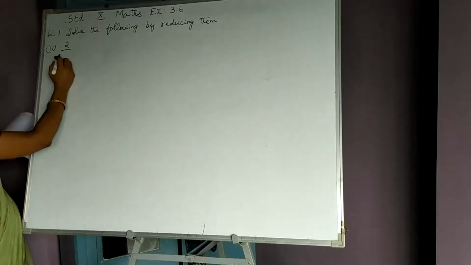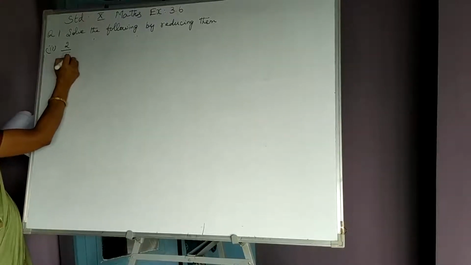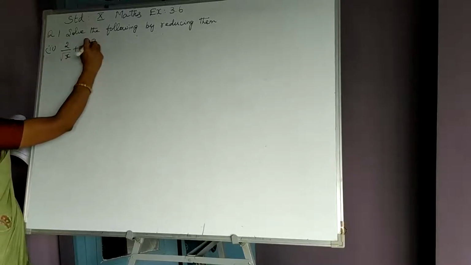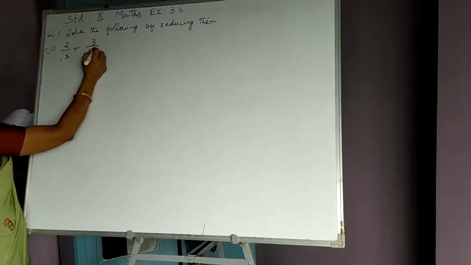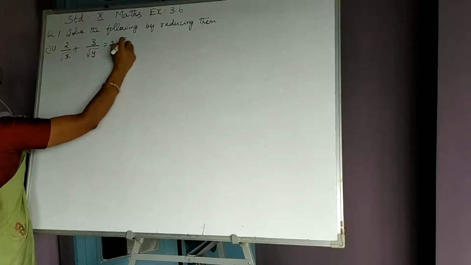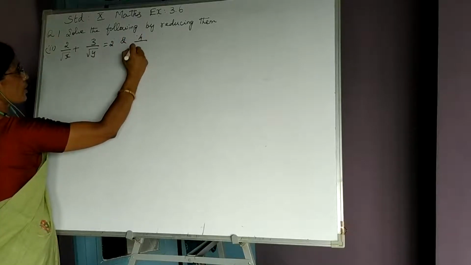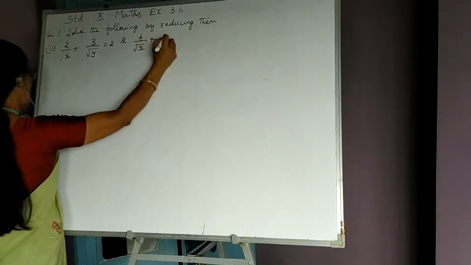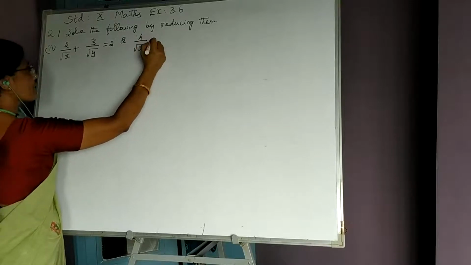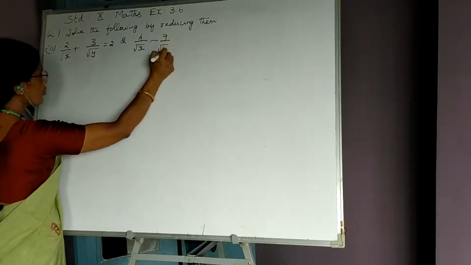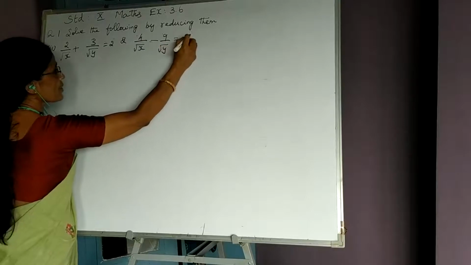The second sum is 2 upon root x plus 3 upon root y is equal to 2 and 4 upon root x minus 9 upon root y is equal to minus 1.